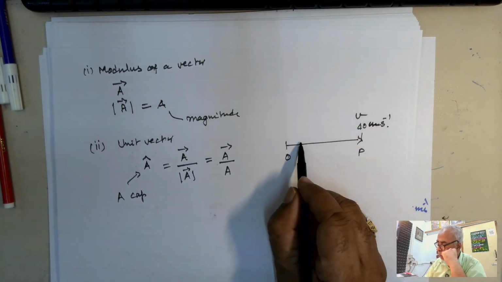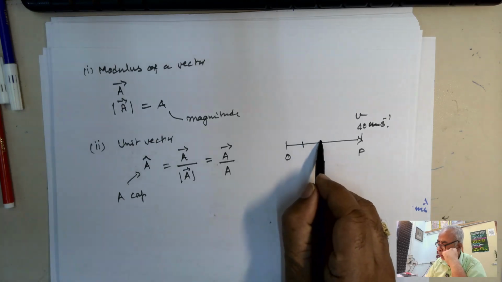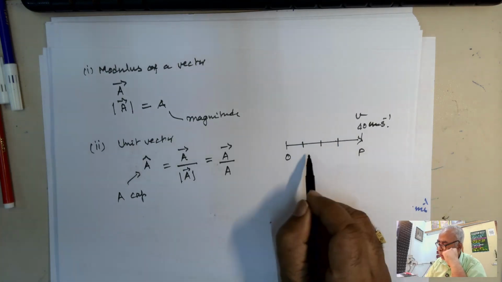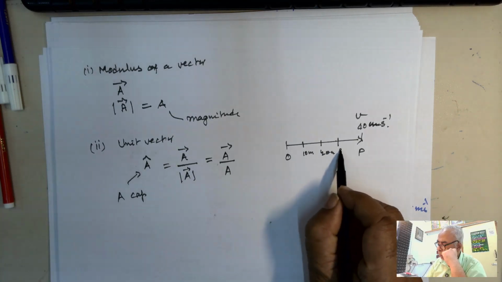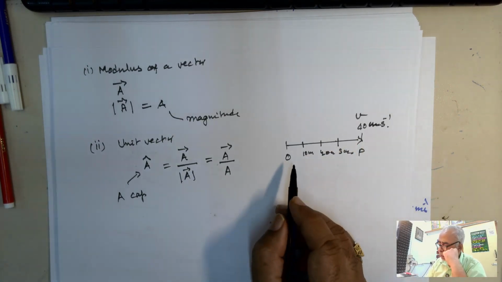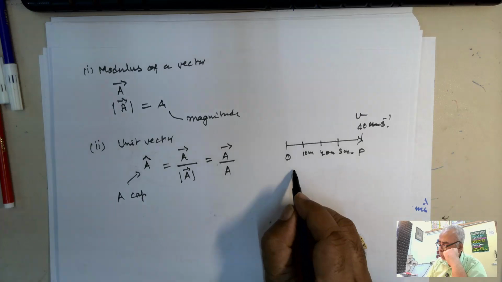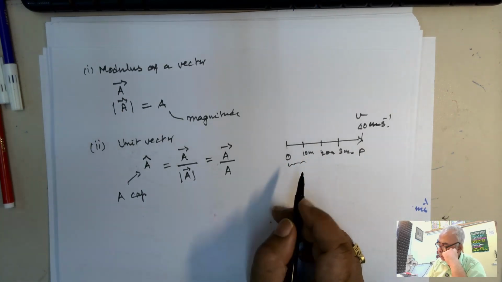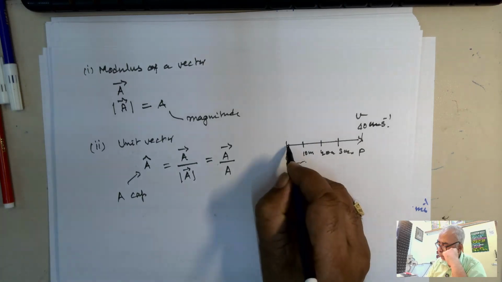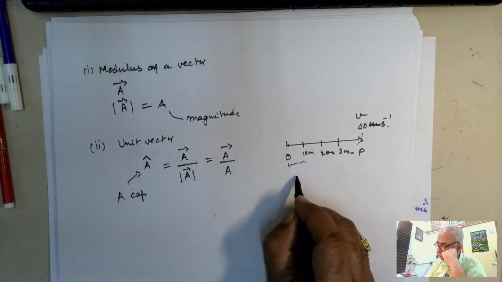That is the velocity. So let us divide each centimeter as 10 meter: 10, 20, 30, and 40 meter. So this 1 centimeter, the smallest one, is the unit. If it is 1/10 of this one, that is called what?